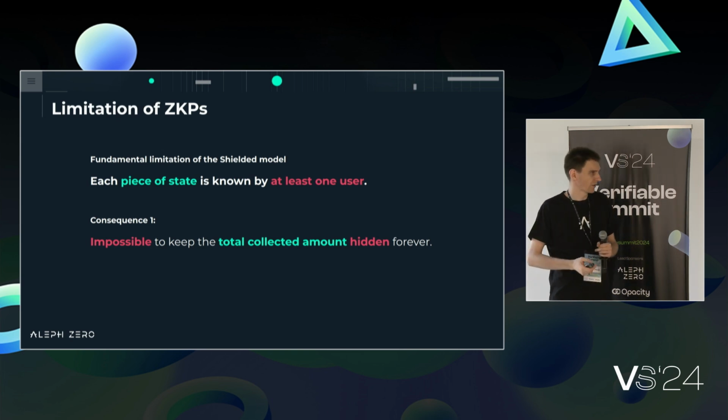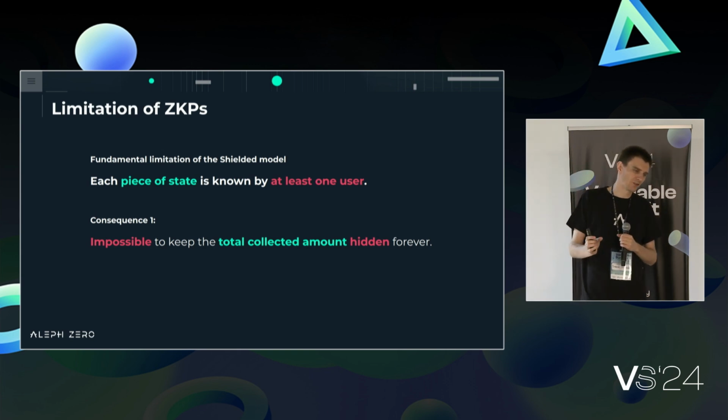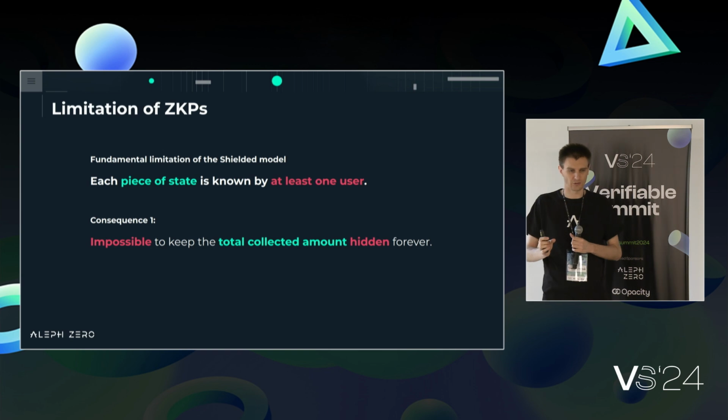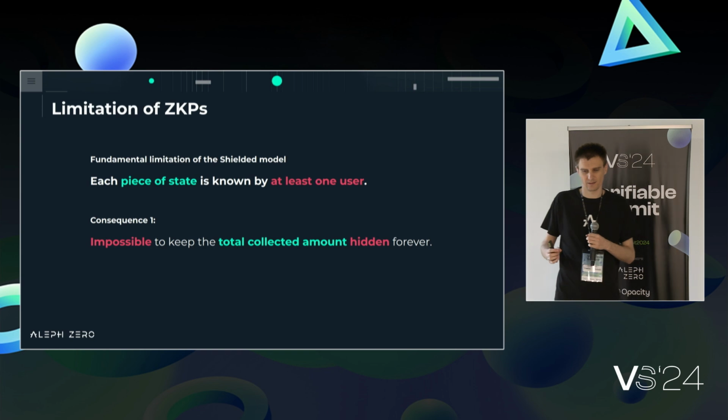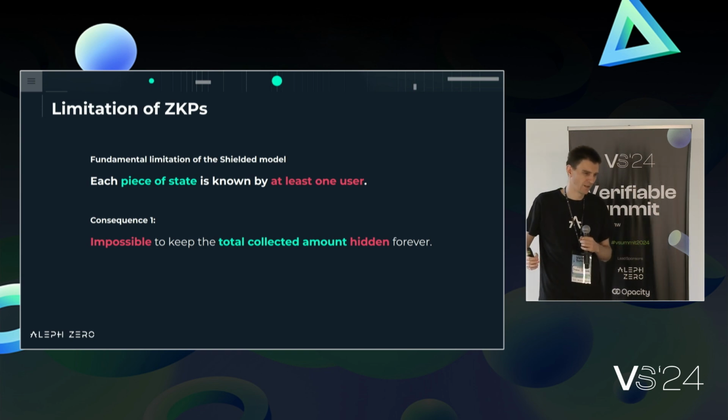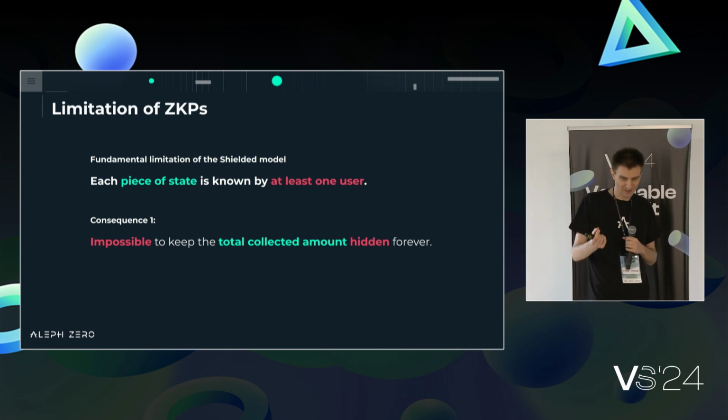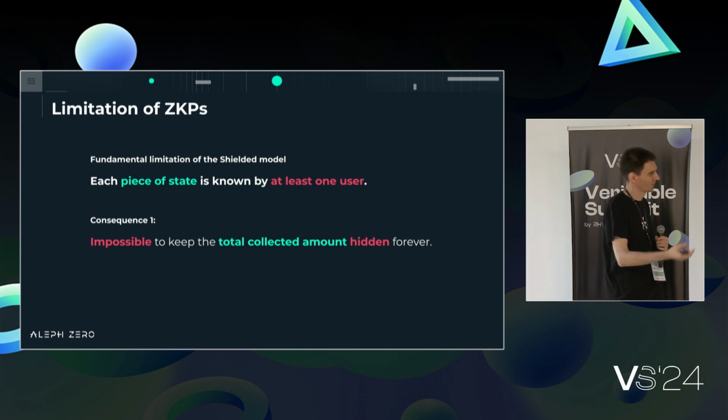Well, because this total collected number is some kind of value which cannot be known by any single user, right? Because they are making contributions. Everyone knows their own contribution, but if you want to keep this secret, nobody can know the total contribution, right? So this would be a part of the state that is not held by any user, right? So contradiction, right? This cannot be done in this model.